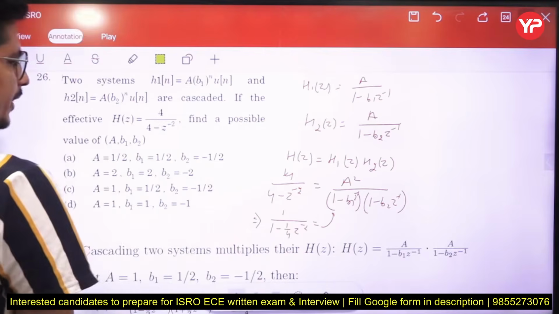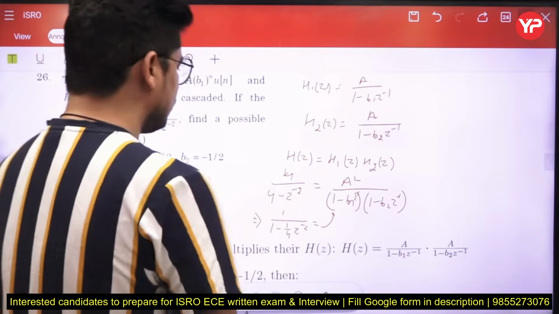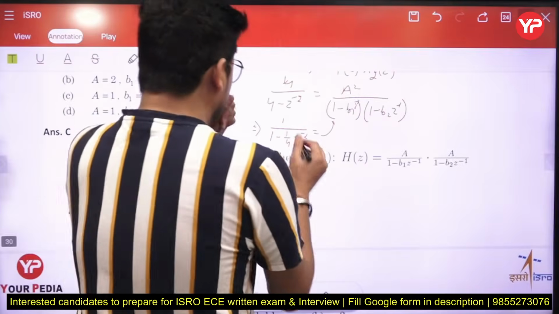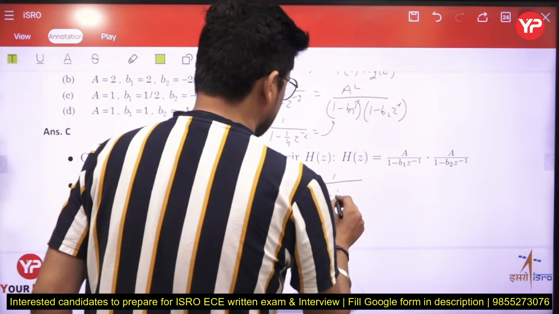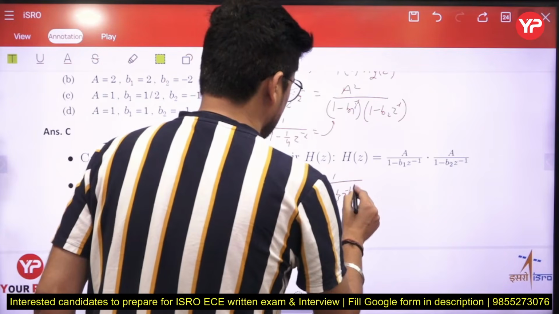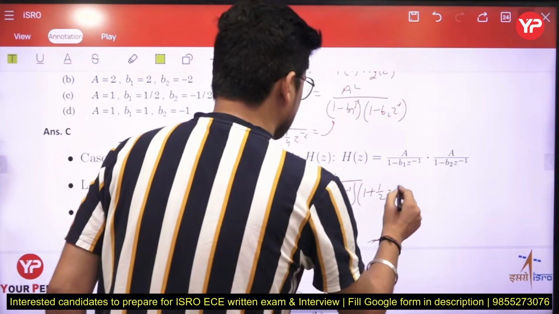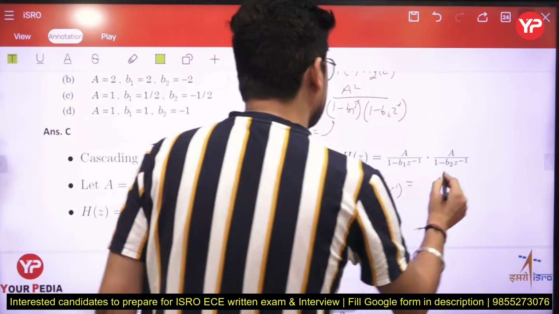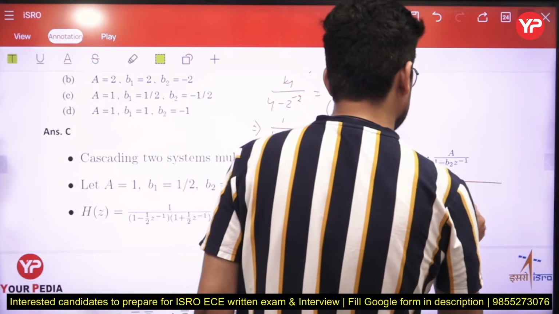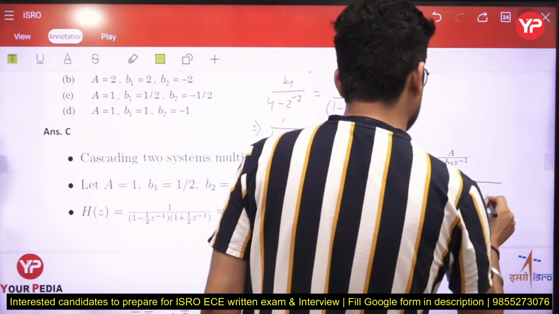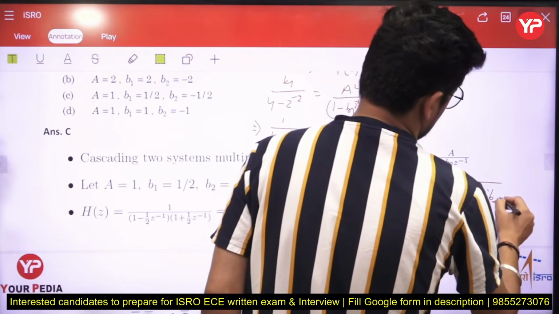So when you compare this one, take the factor of the denominator. If I take the factor of this denominator, I can write it 1 upon 1 minus 1 by 2 Z inverse and 1 plus 1 by 2 Z inverse, right? And compare this one with 1 minus B1 Z inverse and 1 minus B2 Z inverse.